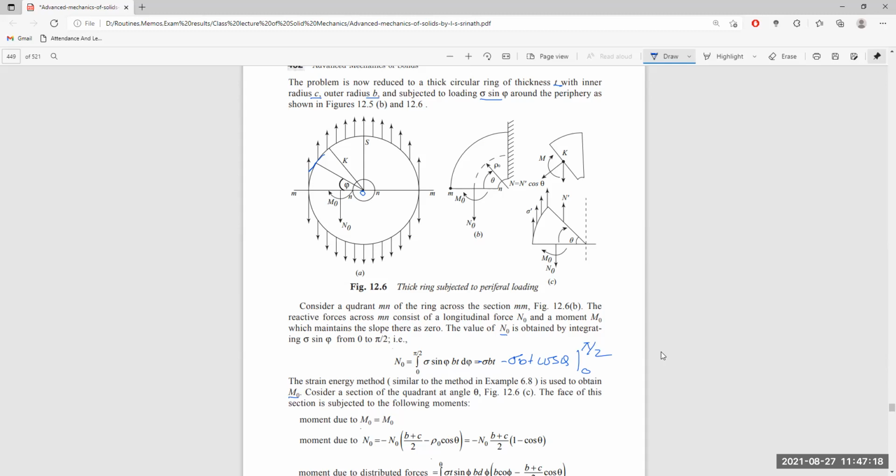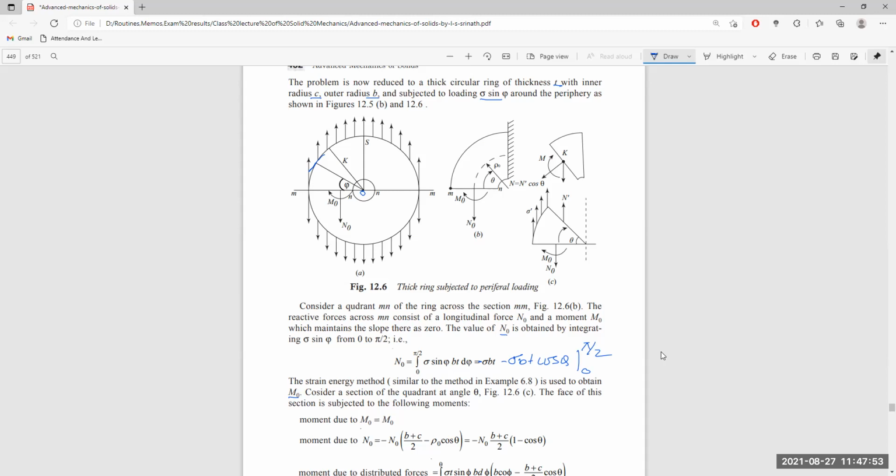Now, this same ring with a central hole, we have plotted here. For the same ring, the full coordinate is plotted separately, and we are considering an angle theta, measured from the horizontal line MN up to a particular radius.